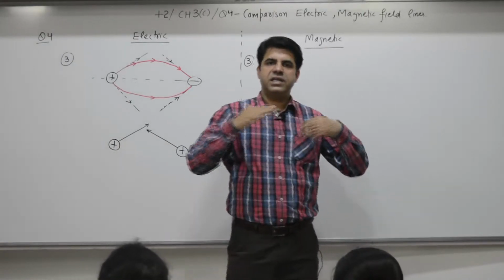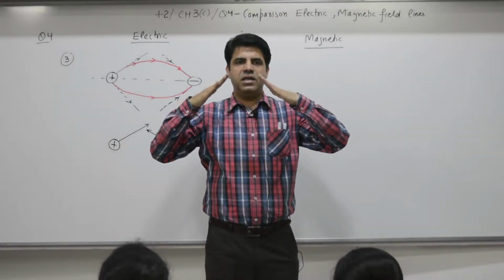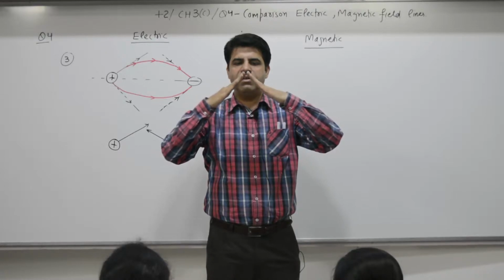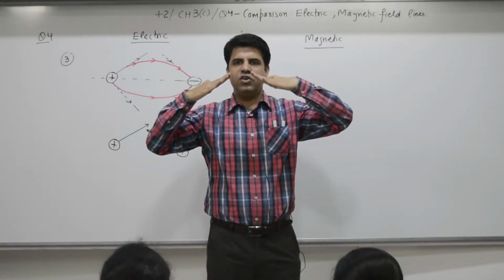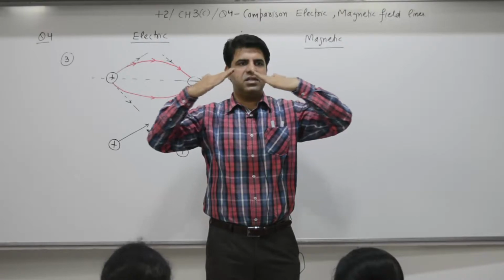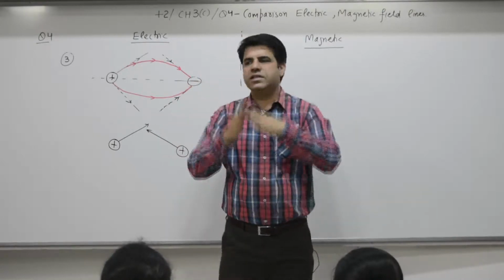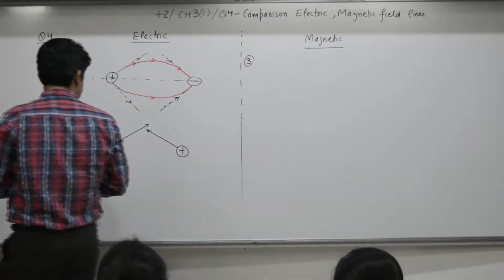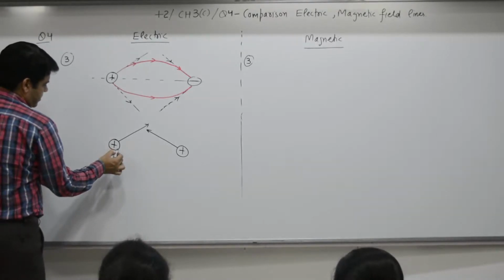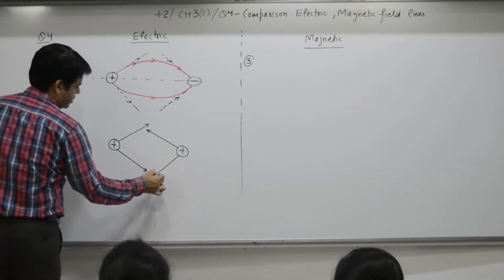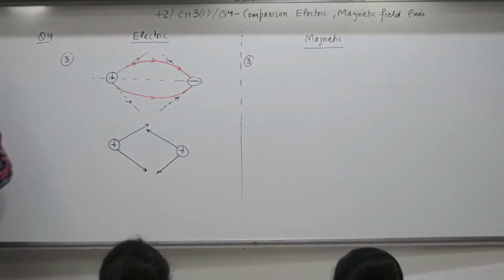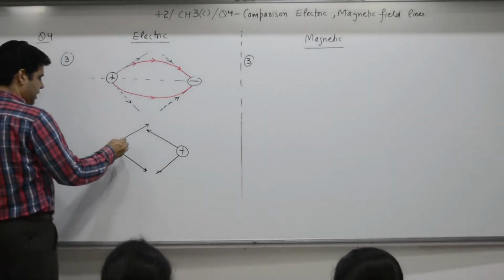Rather, the phenomenon is like this. One, other one, two lines. They will push. They won't cross each other. They will repel. It is not that they will cross each other. Yes, repel.